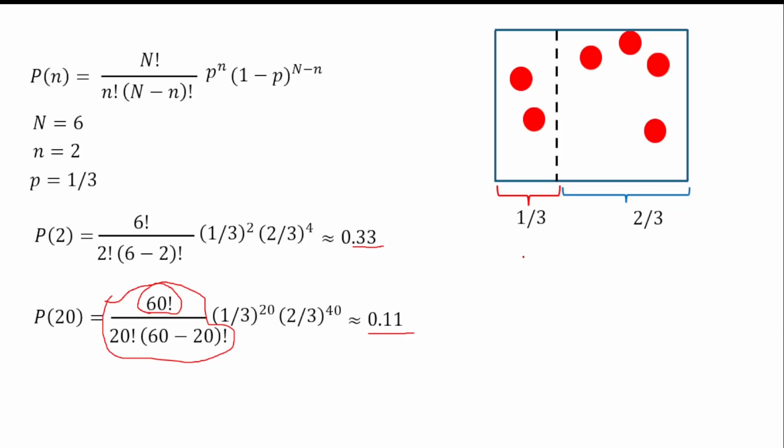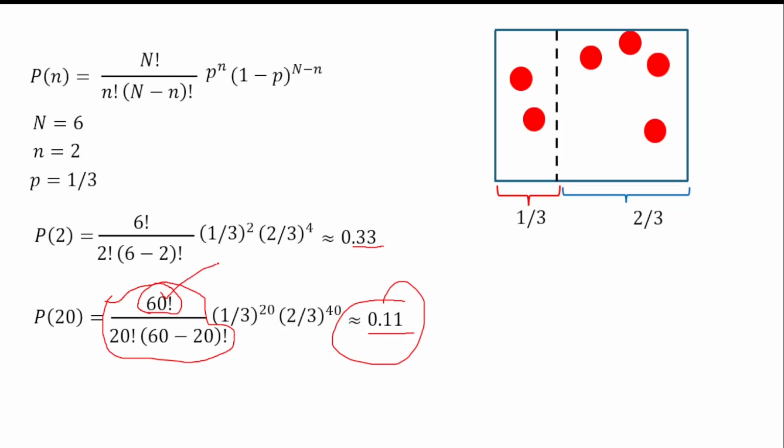Rather, the probability for 1/3 of the particles to be in the left 1/3 of the box changes as the number of particles increases.